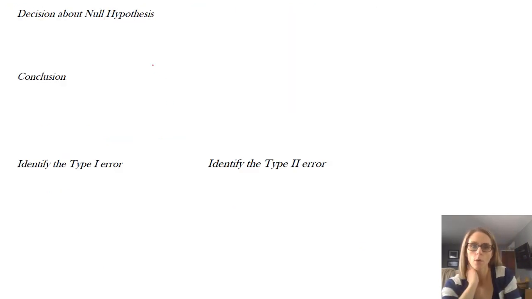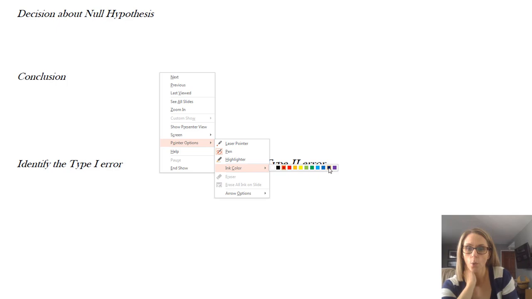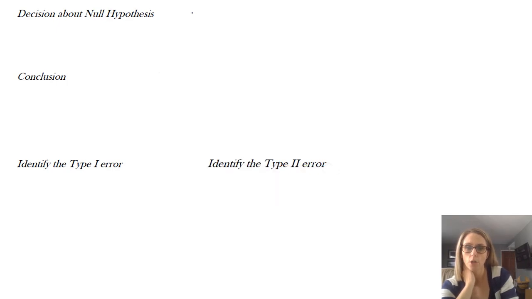The decision about the null hypothesis just comes from comparing your alpha with your p-value. That's from one of those first pages. So you have your p-value, which is 0.0066. You have your alpha, from them telling us that the significance level is 0.02.